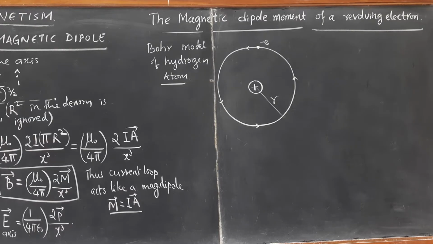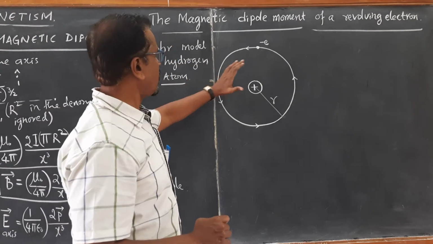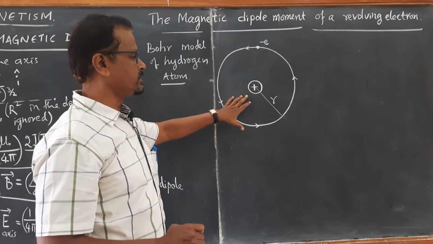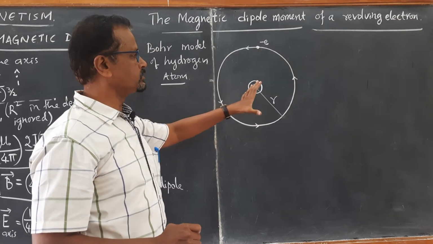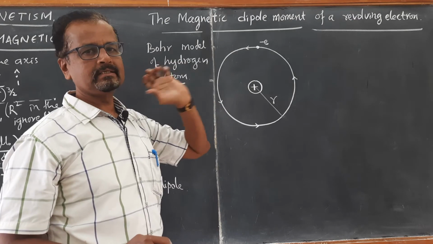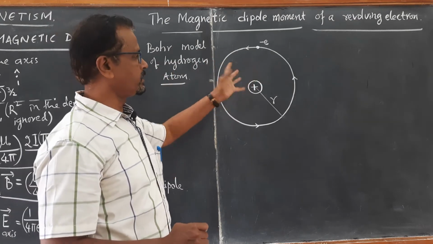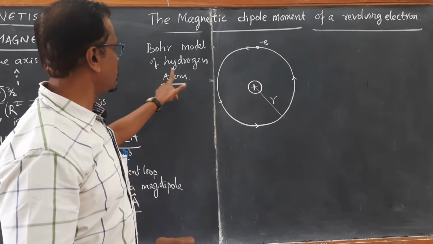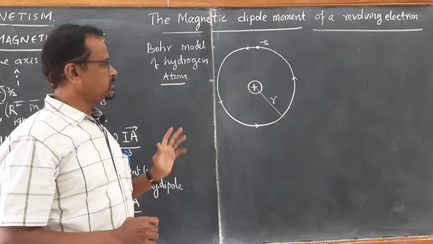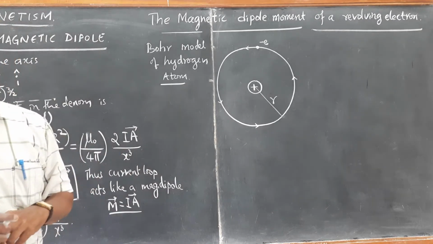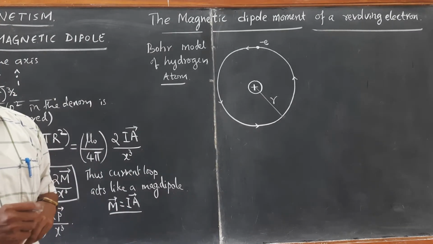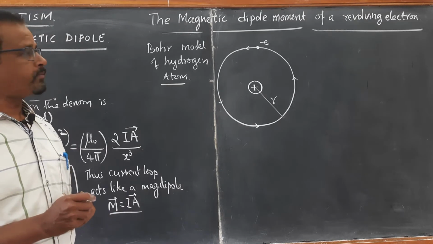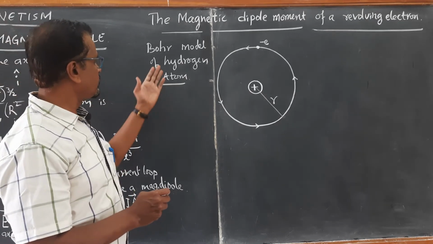Now let us discuss how an electron revolving in its orbit around the nucleus results in a magnetic field and how it gives rise to its own magnetic moment. So consider the Bohr model of the hydrogen atom. In 1911, the Danish physicist Niels Bohr proposed atomic theory, Bohr's model.